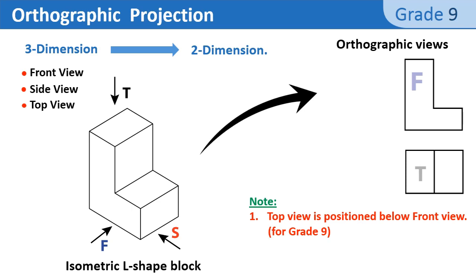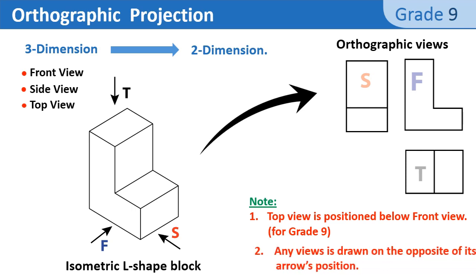And the arrow of the front is at the left, but we draw it to the right. Obviously, the side view will be positioned on the left as its arrow is on the right. So what you have to remember is that you have to draw the view on the opposite side of its arrow.